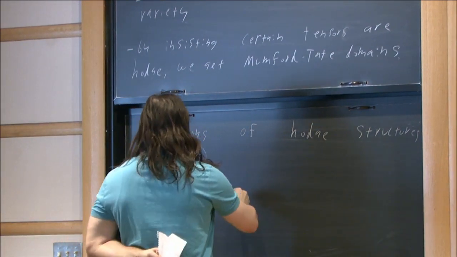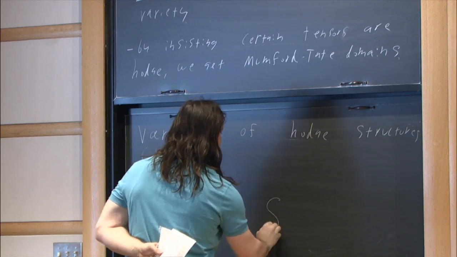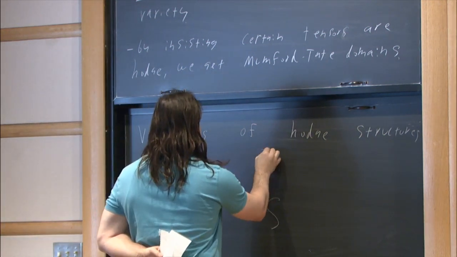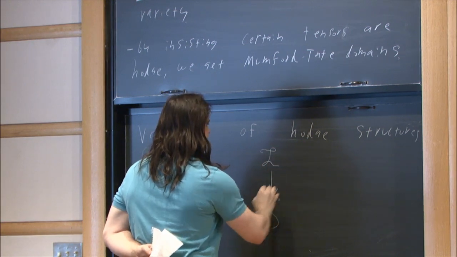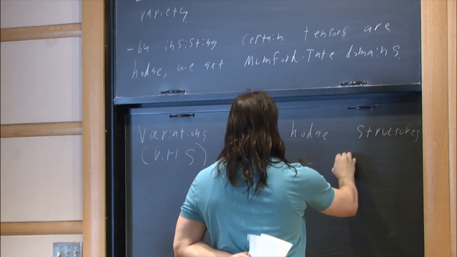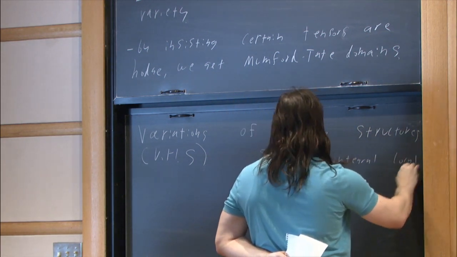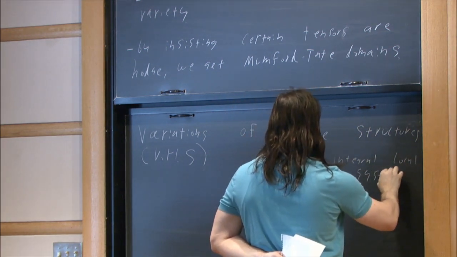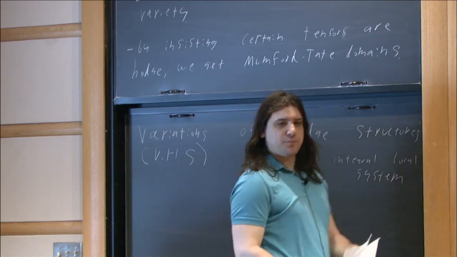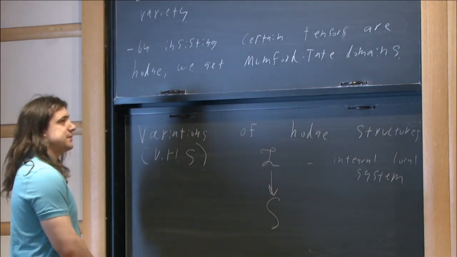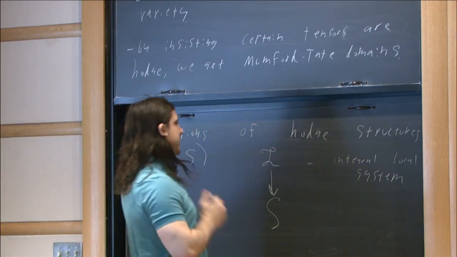Well, concretely, we have some complex base S, and we have a local system L over S. So L is an integral local system. And now pointwise, we want to give it the structure of a polarized Hodge structure of some weight.